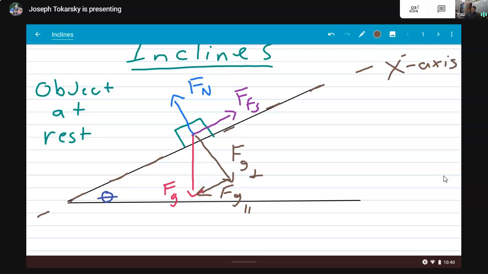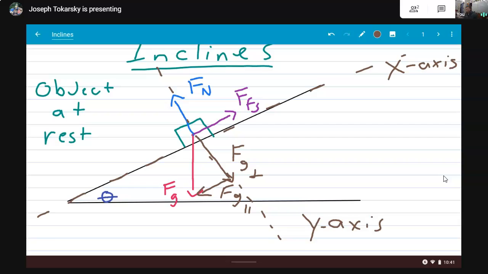The only thing that has to be true if we do that is that the y-axis has to be perpendicular to it. So the y-axis will lay right along here perpendicular. And really that way when we apply Newton's second law a little bit later this week, we could still do it axis by axis because the majority of our forces are on an axis.